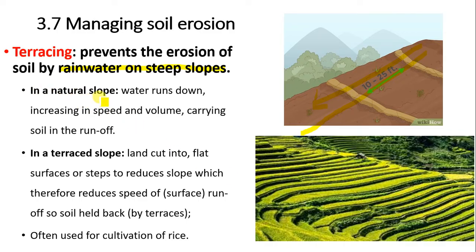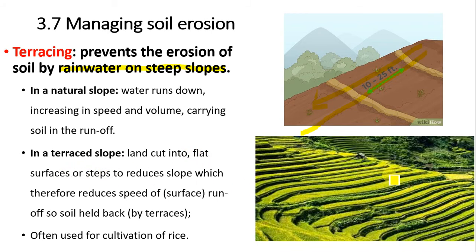How? This is a natural slope. Water runs down, increasing in speed and volume, carrying soil in the runoff. Then, when you have a terraced slope, like what we have here beneath it, the land is cut into flat surfaces or steps.